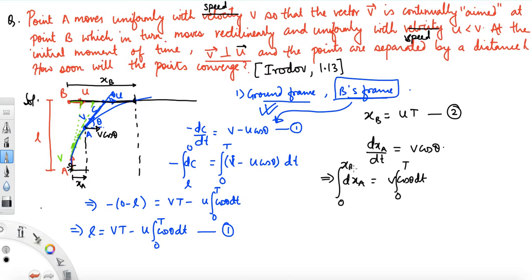So this is equal to xb also. So we have xb is equal to v integral cos theta dt 0 to t.